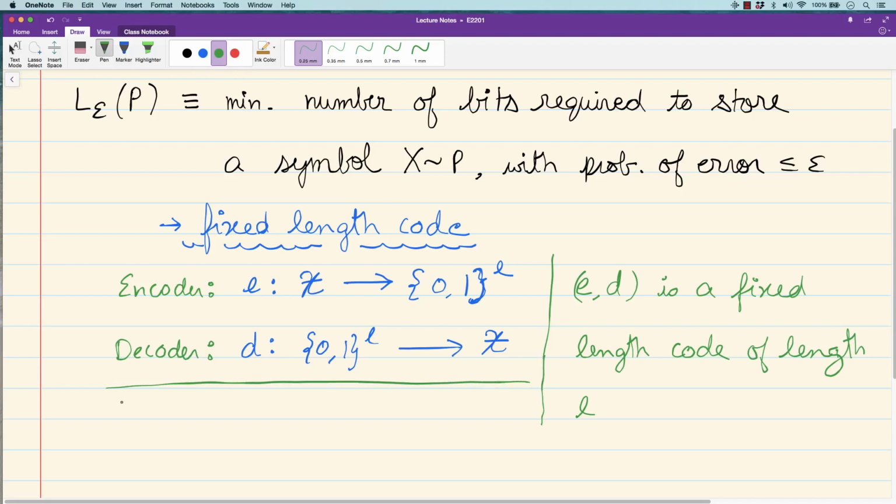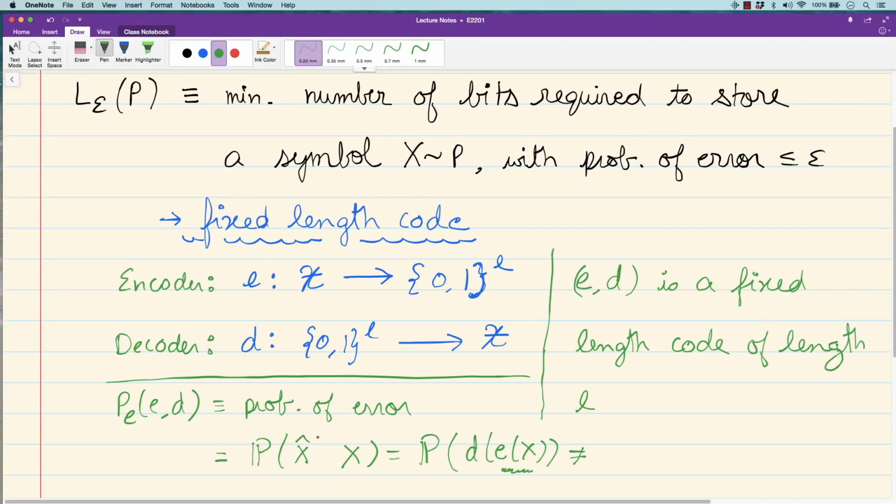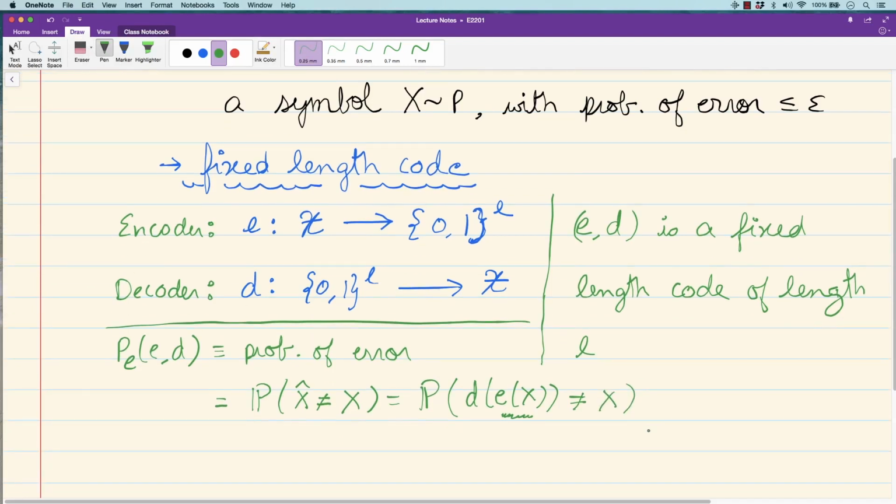The probability of error, P_e of E comma D, is the probability that your output symbol x hat is not equal to x. This is the same as the probability that D of E of x, what you stored as a message, is not equal to x. That's the probability of error.